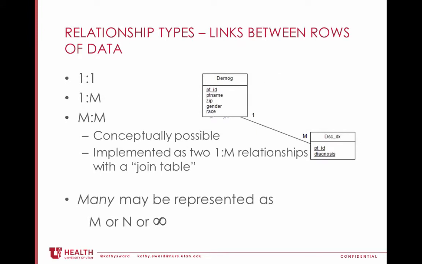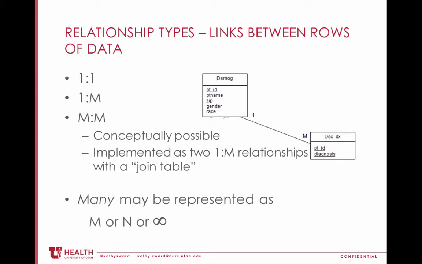Now you recall the idea that in a relational database there are tables that represent topics and there are links between rows of data and how these rows could potentially link up. These are called relationship types. So you might have a one-to-one relationship. That means one row of data in the first table can only ever match up with one row of data in the second table.